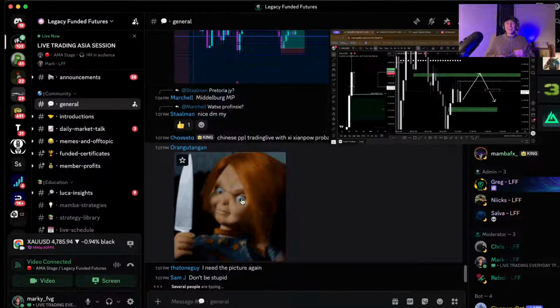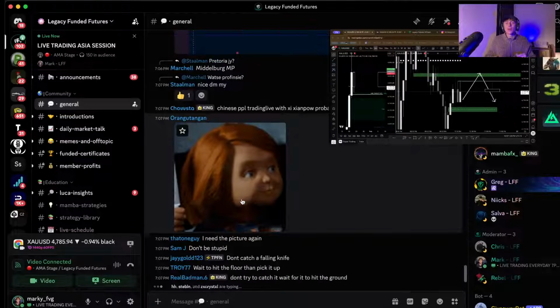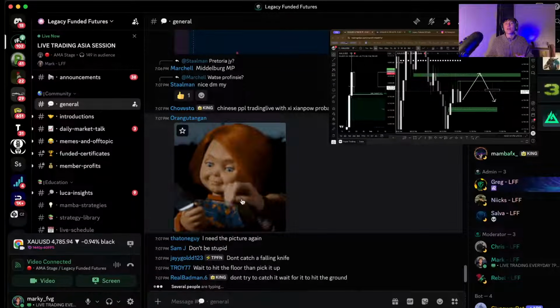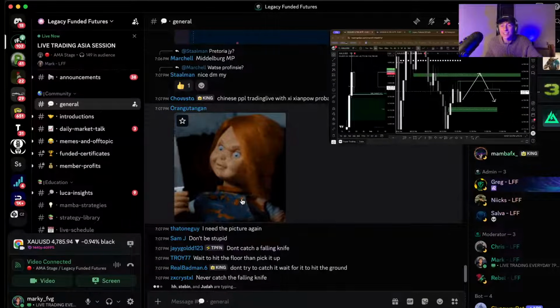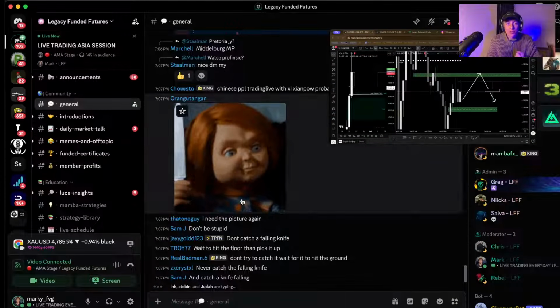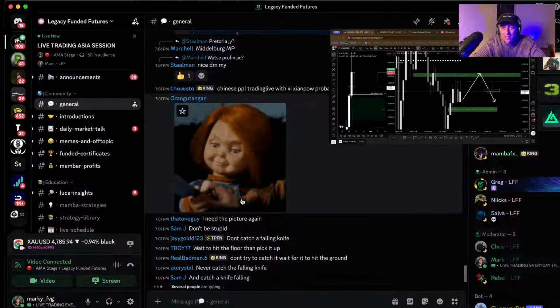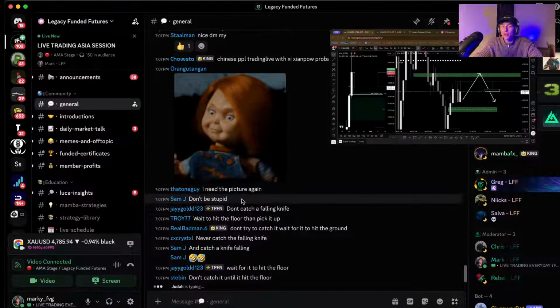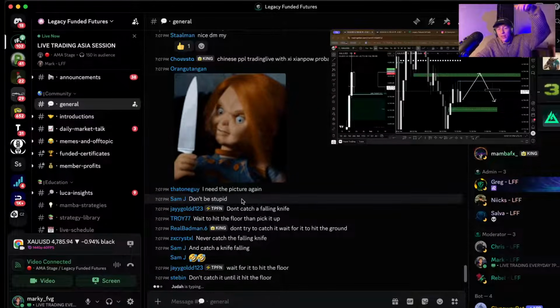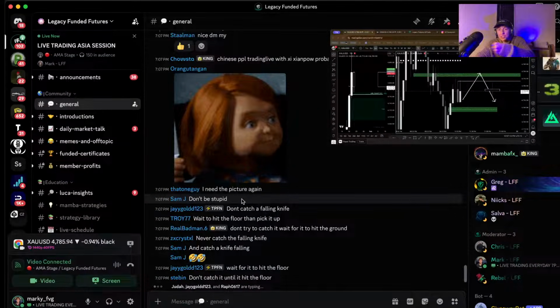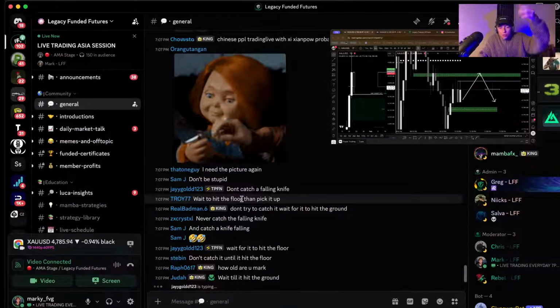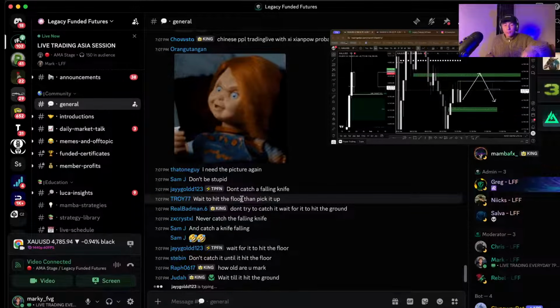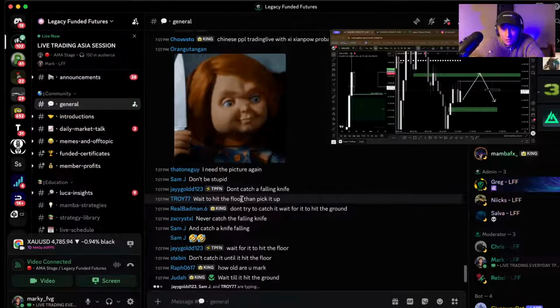Don't catch a falling knife. Exactly. Wait for it to hit the floor. There you go. We got teamwork in the chat. Jay and Troy were working together to answer that question. Never catch the falling knife. You wait for it to drop to the floor, right? If the knife is falling, you don't want to catch it by the blade as it's falling. If you just wait for it to hit the floor, then you can pick it up without cutting yourself. Right?